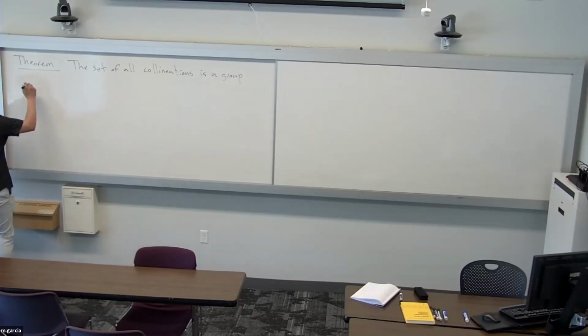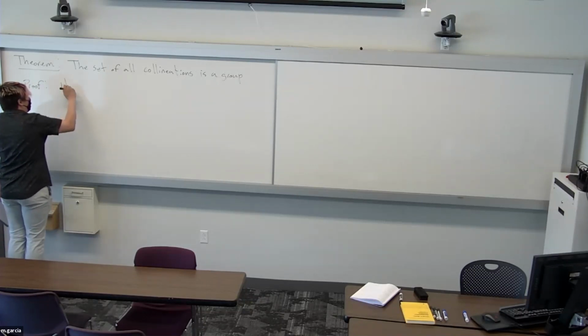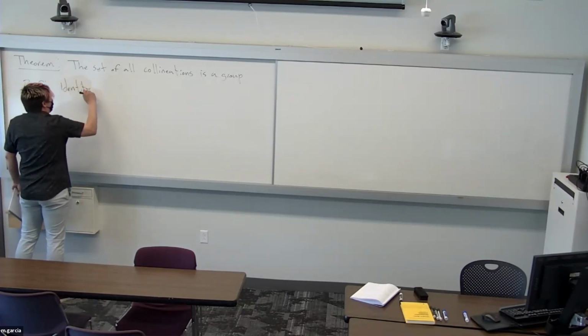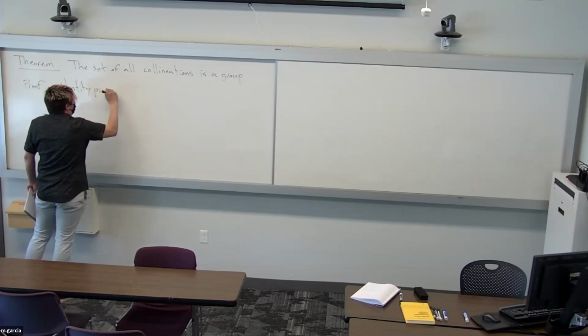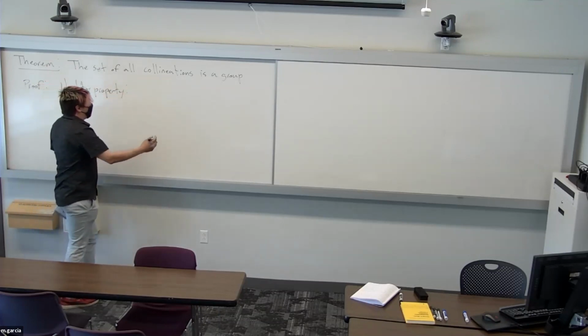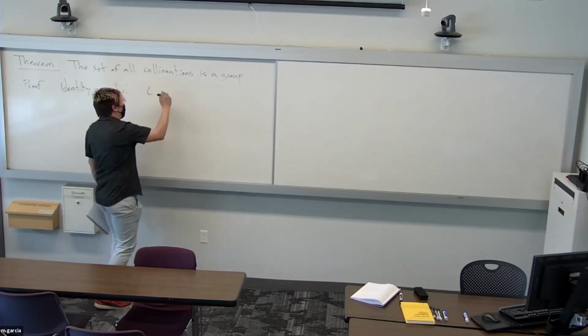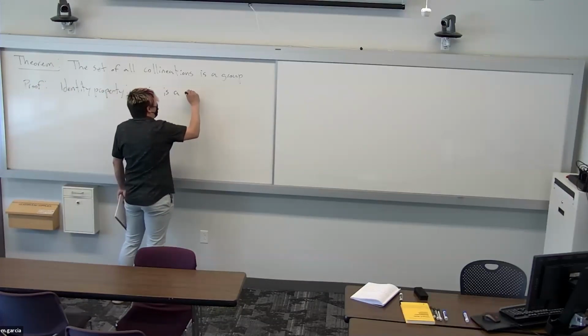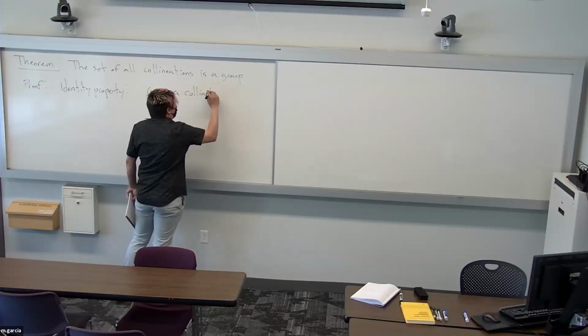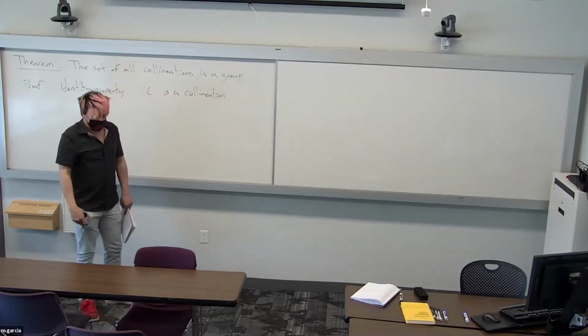It's almost trivial, right? Proof. The identity property. So, in other words, what we want to show is that iota is a collineation. Well, what does iota do?